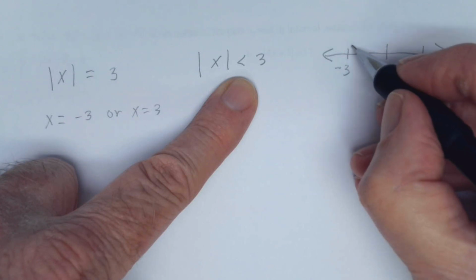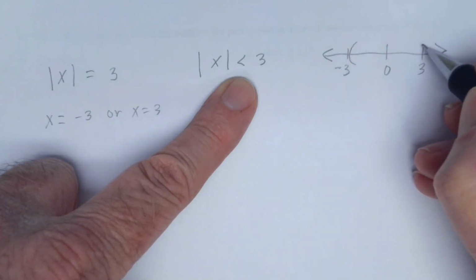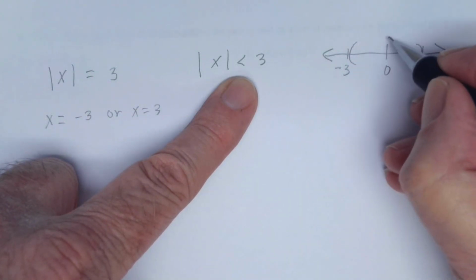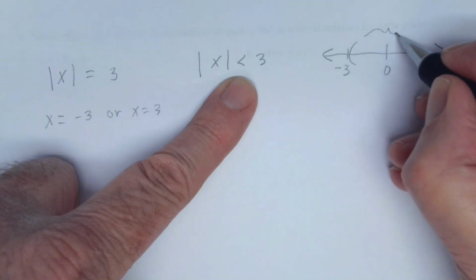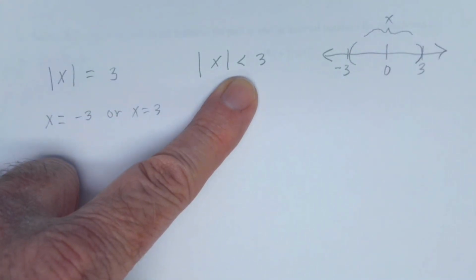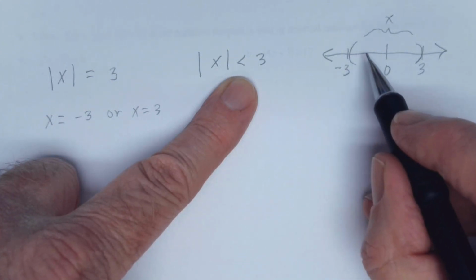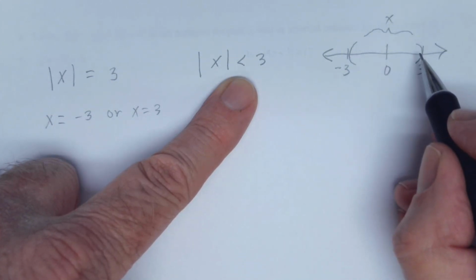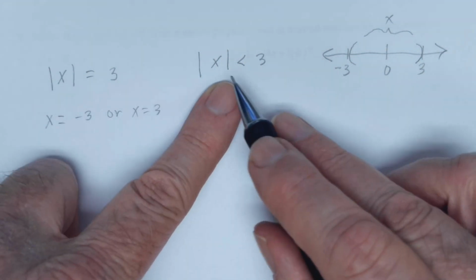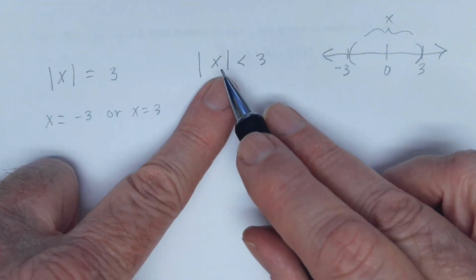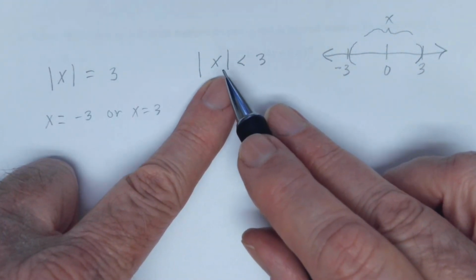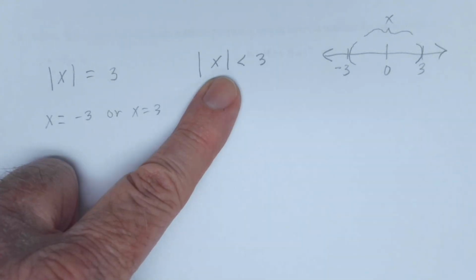Well, that would be all of these numbers here. So basically x is in here between negative 3 and 3, because all of these numbers have a distance from 0 that's less than 3. That's what absolute value means. The distance from x to 0, that's what absolute value is.